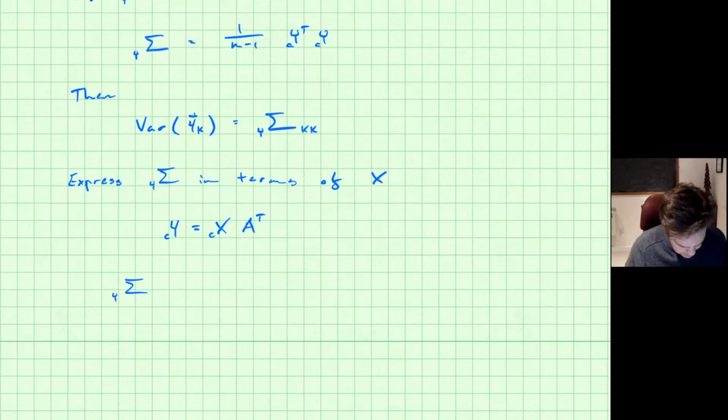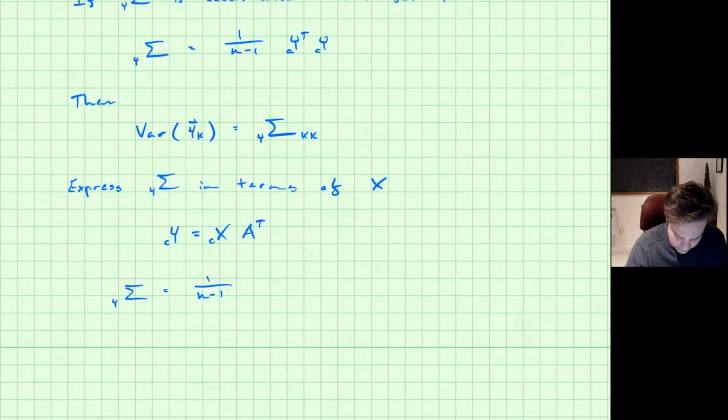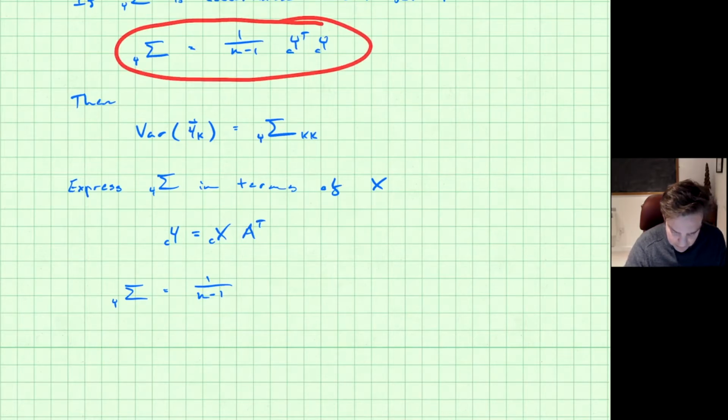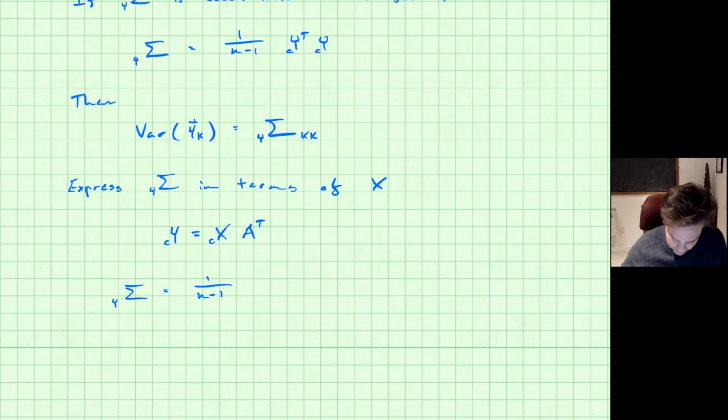sigma y is equal to the following. So it's 1 over n minus 1. I'm just looking at this thing here and substituting in. The first thing is the transpose of centered y, so that looks like this: this quantity transposed, and then times the matrix y.